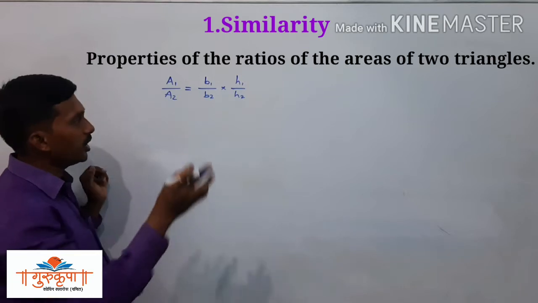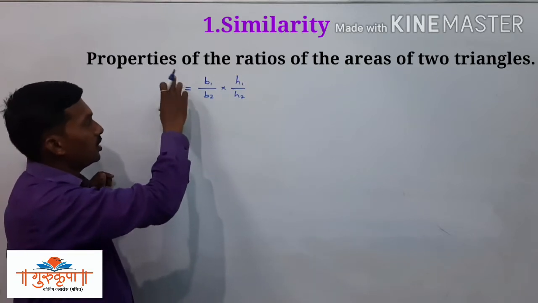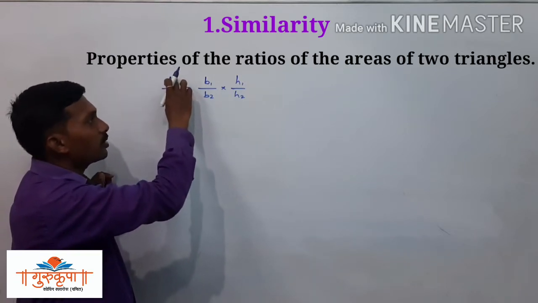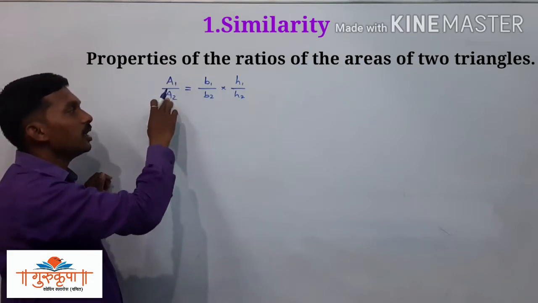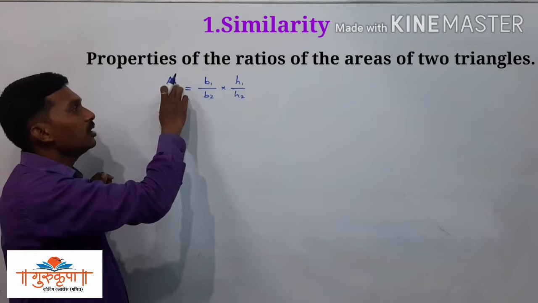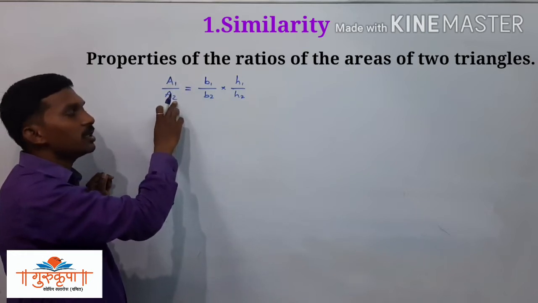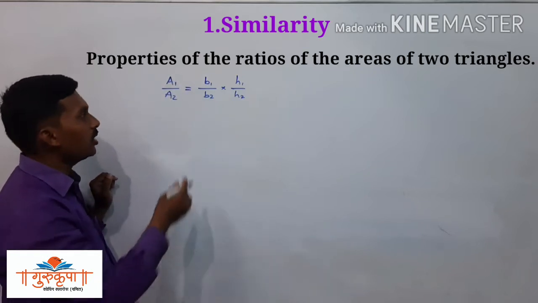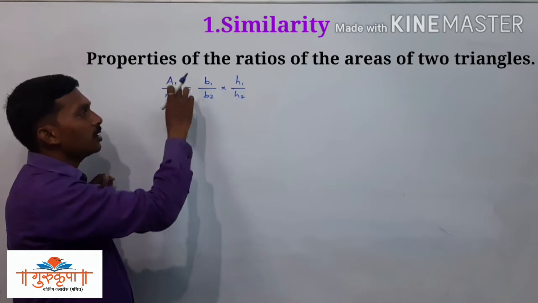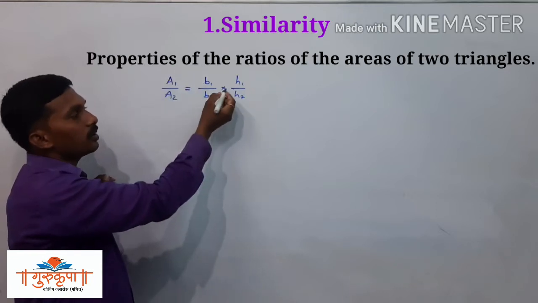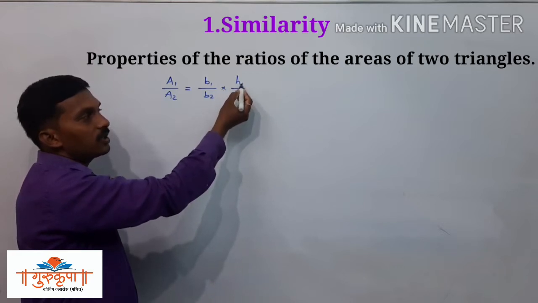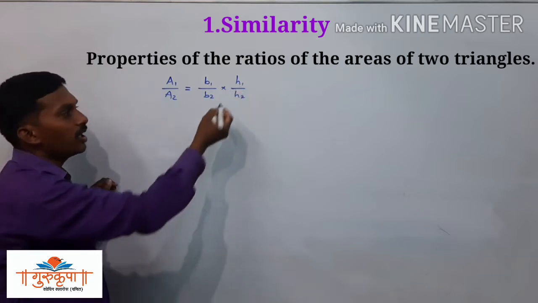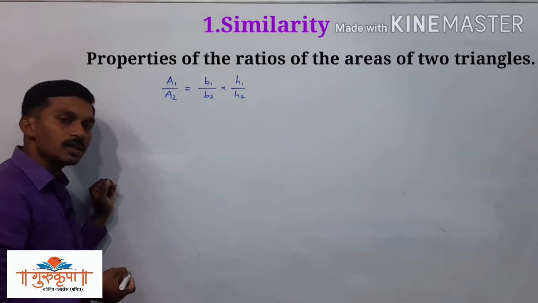In short, we can write that property as the ratio of the areas of two triangles, that is A1 upon A2. A is area, here also A is area. This is area of the first triangle and this is area of the second triangle. The ratio of the areas of two triangles is equal to the product of the ratio of their corresponding bases and heights. This H1 is the height of the first triangle and H2 is the height of the second triangle.